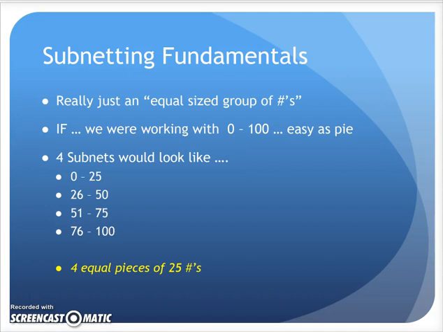Because if I said to you, oh, I need 4 subnets, you'd say, oh, okay. 0 to 25, that block of numbers is the first subnet. 26 to 50 is the next block of numbers. 51 to 75 is the next block. 76 to 100 is the next block. Easy peasy. Sets of 25. Cool. There's my 4 equal pieces. There's my 4 subnets. That's all subnetting is. Equal size groups of numbers. Almost like taking a pie and cutting it in equal pieces. That's all subnetting is with our number pool.